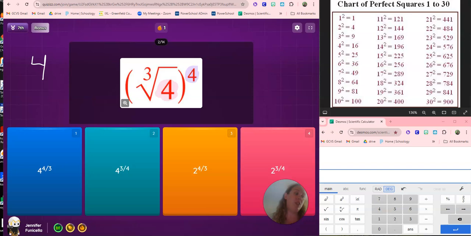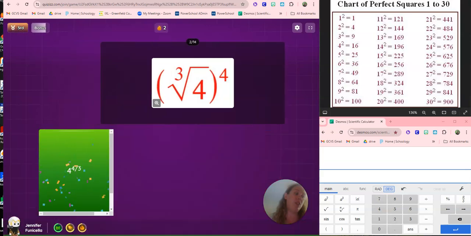This is a little bit of a typo because this parenthesis should be over here. So it's raised to the power of 4, and the root is a cube root, or 3. So this is a 4 to the 4/3. So we're selecting that answer choice. Our power is 4 and our root is 3.